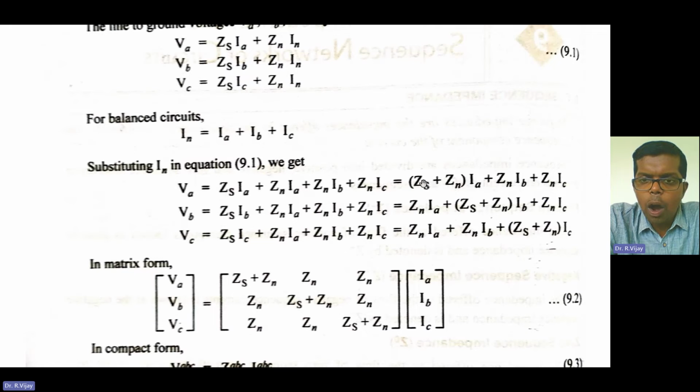Now taking the common terms outside, if you take IA outside, we get Zs plus Zn into IA plus Zn into IB plus Zn into IC. Next, VB is equal to Zs into IB plus Zn into IA plus Zn into IB plus Zn into IC.